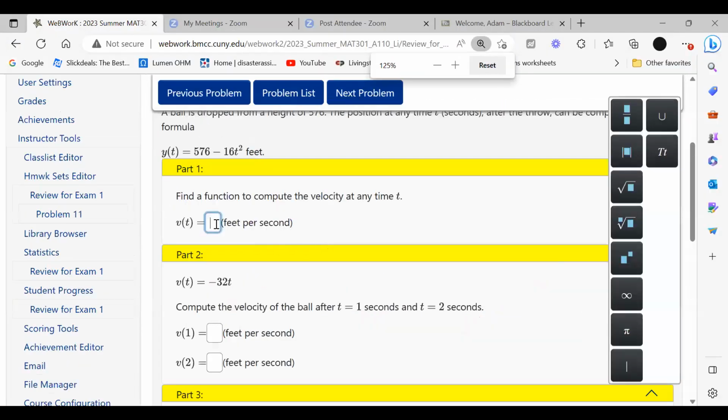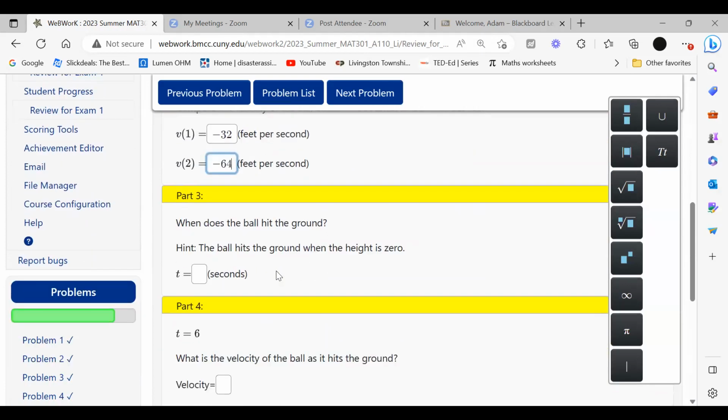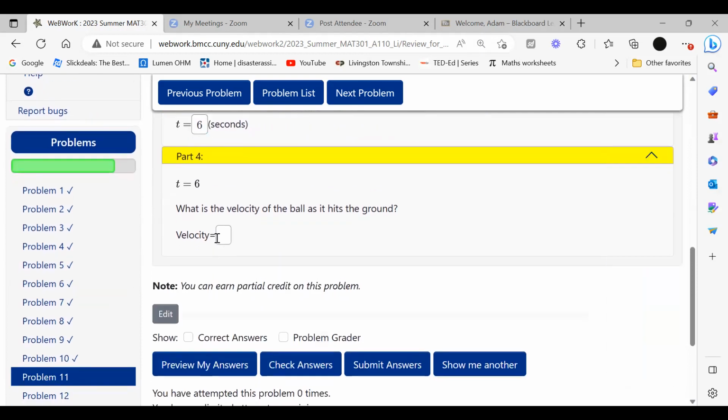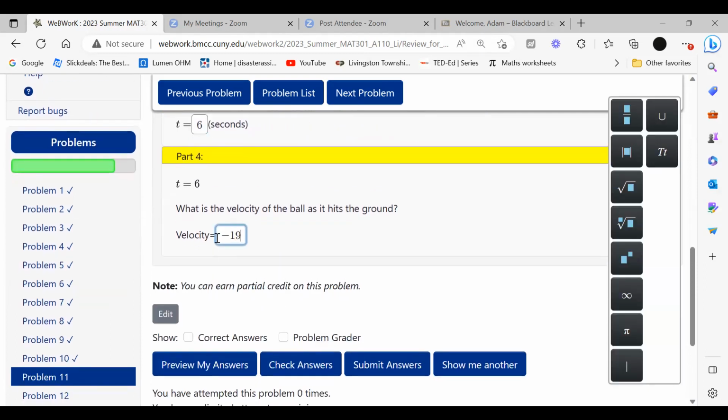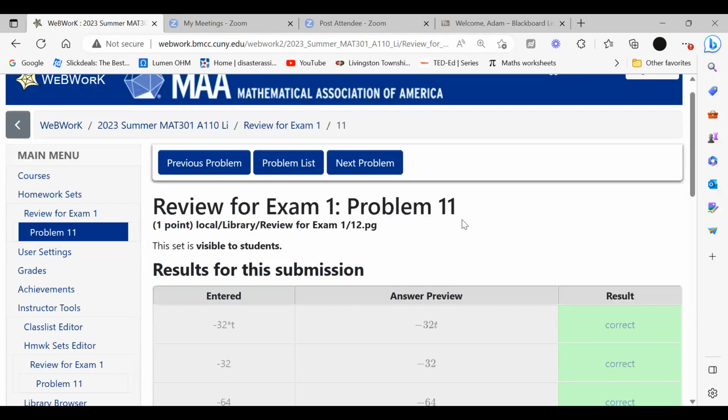The velocity function is negative 32t. V1 is negative 32. V2 is negative 64. And t equals 6, and the velocity is negative 192 when the ball hits the ground. Yep, they're all good.